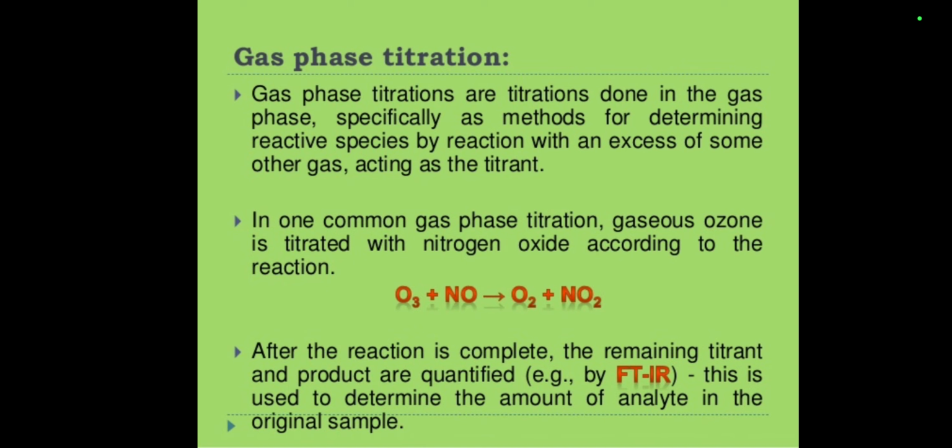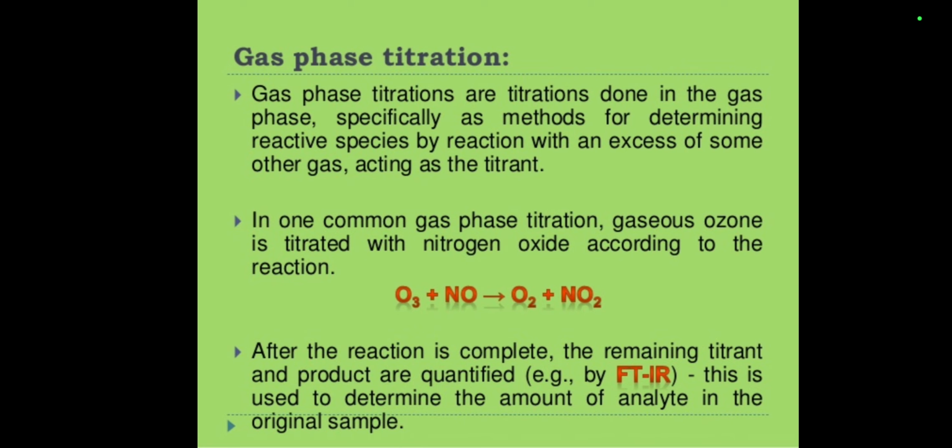Okay, so after the reaction is complete, the remaining titrant and product are quantified. So this is used to determine the amount of analyte in the original sample. So meaning to say, when we say gas phase titration, it refers generally to any titration done in the gas phase.